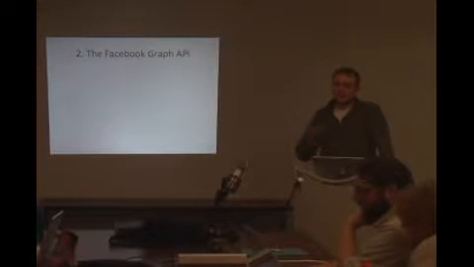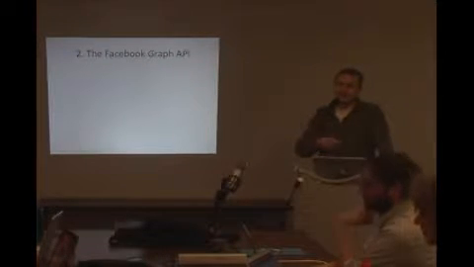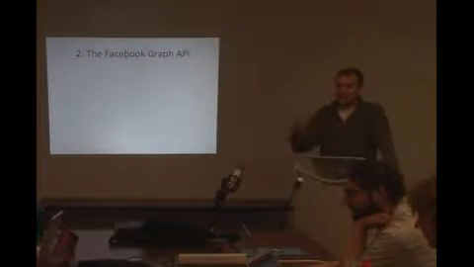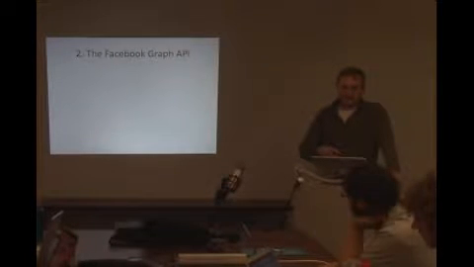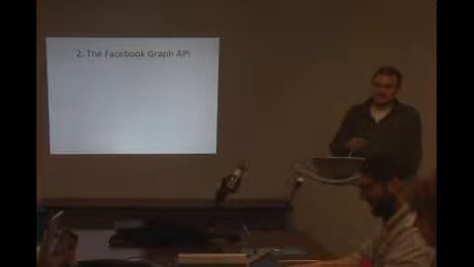If you have the vanity URL, go ahead and copy that into your buffer. If you've got an ID number at the end, copy that into your buffer. Don't lose it. Now, go ahead and go to graph.facebook.com.